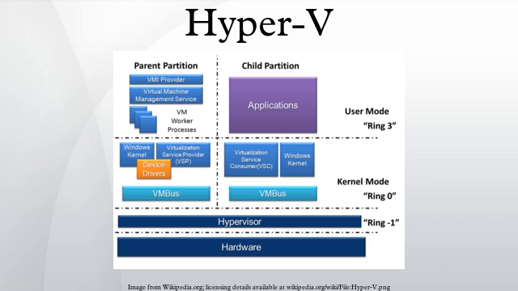A shared-nothing live migration will move a running VM and its storage from one Hyper-V host to another without any perceived downtime. Live migration between different host OS versions is not possible, although this is soon to be addressed in Windows Server 2012 R2.